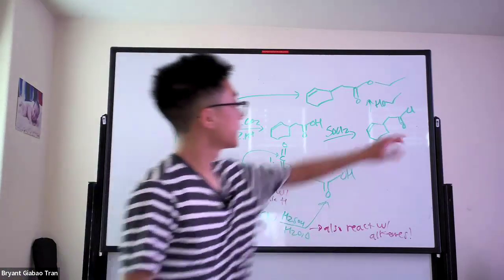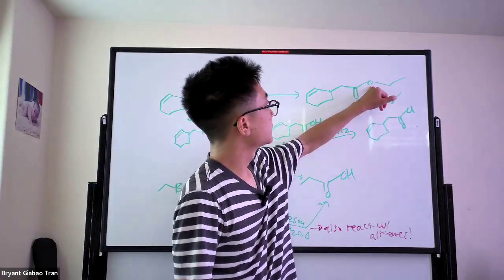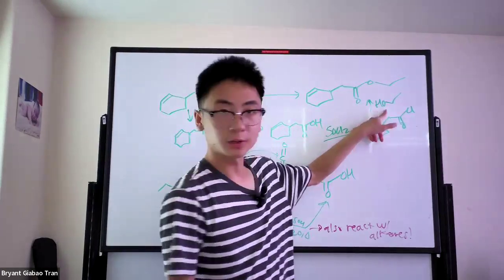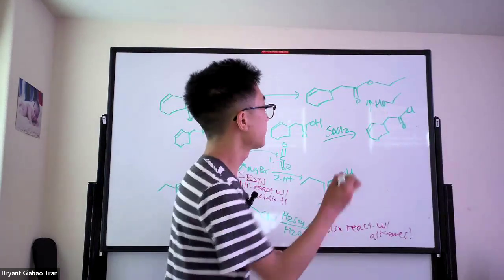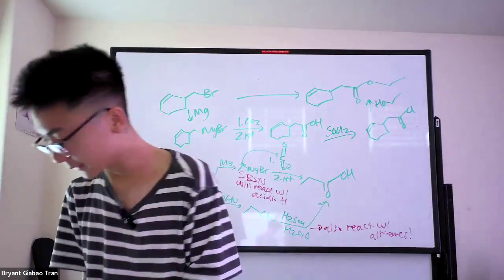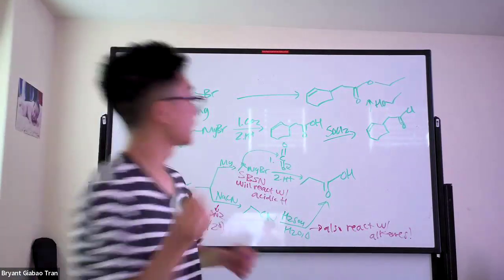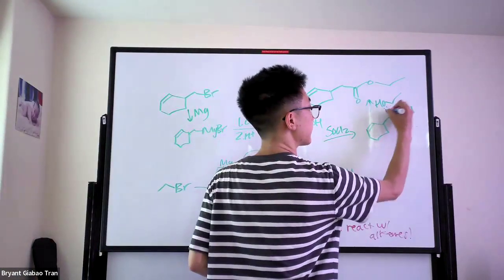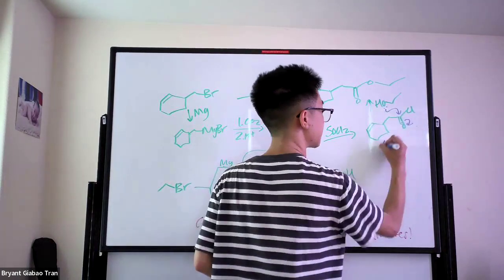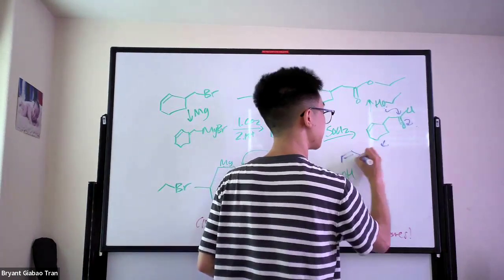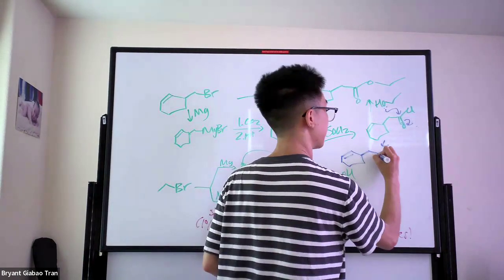Let's do this one. Wait, then how do we change the Cl into an oxygen? Yeah, so the Cl will get converted into an OR from this alcohol here, right? Where the mechanism is that this oxygen here will attack that carbonyl carbon, pushing the pi bond onto oxygen, to create this tetrahedral intermediate here.